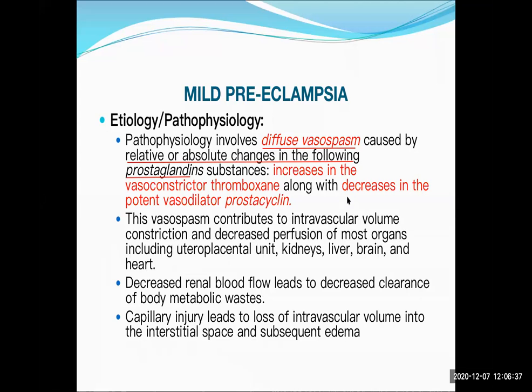There are 2 types of prostaglandin substances which are abnormal here: one is thromboxane and another is prostacyclin. Thromboxane is a vasoconstrictor type of prostaglandin, whereas prostacyclin is a vasodilator type. So there is a clear-cut imbalance between these. Thromboxane is increased, whereas prostacyclin is decreased, so that there is excessive vasospasm in these conditions.